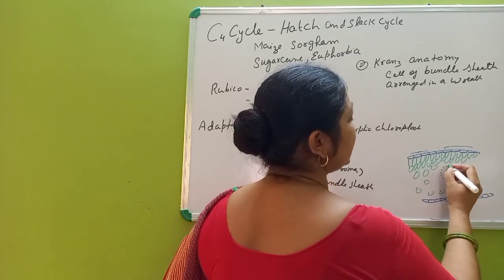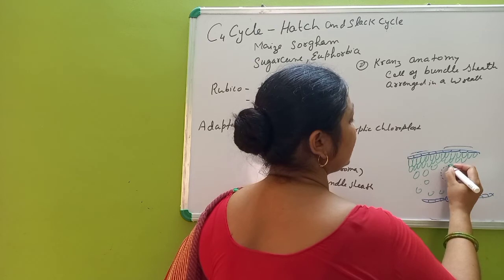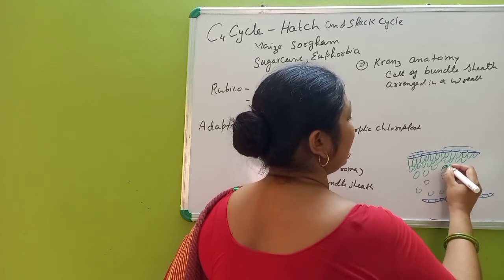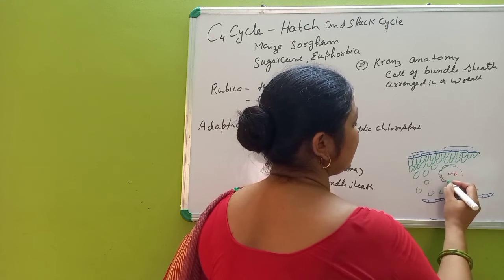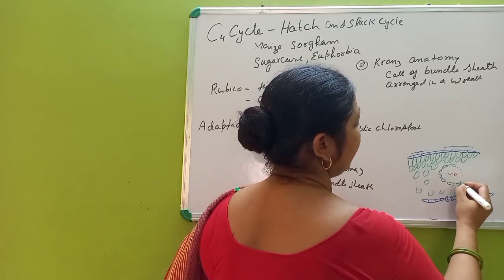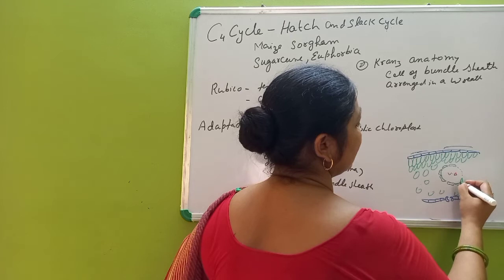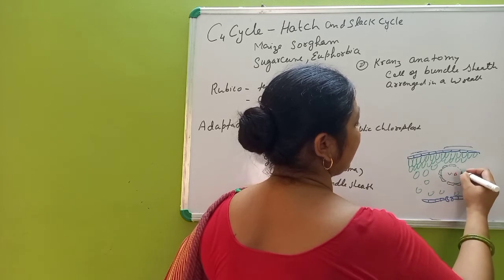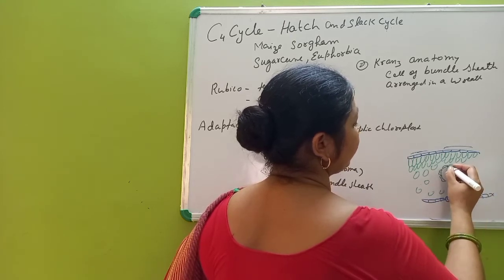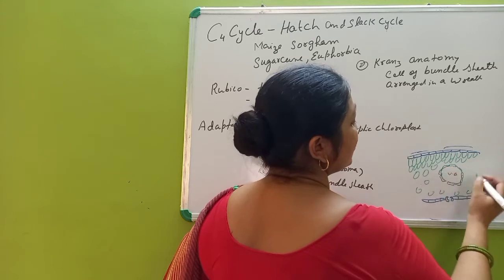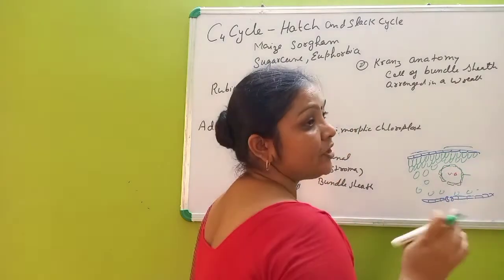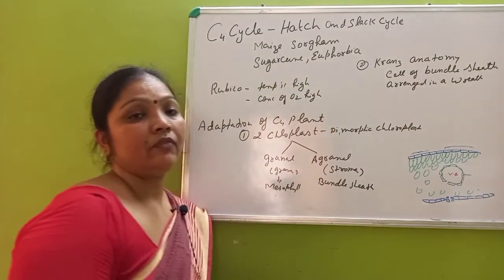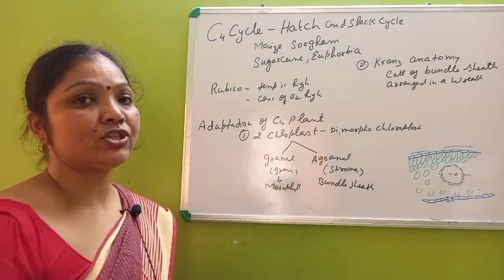Now around the bundle sheath there are parenchymatous cells present in a ring-like manner, which cover the vascular bundle.